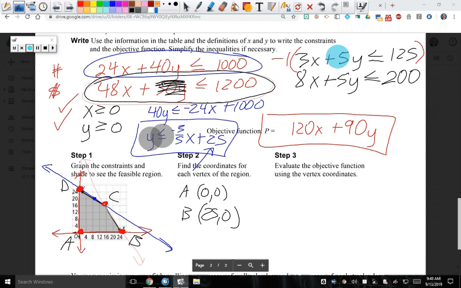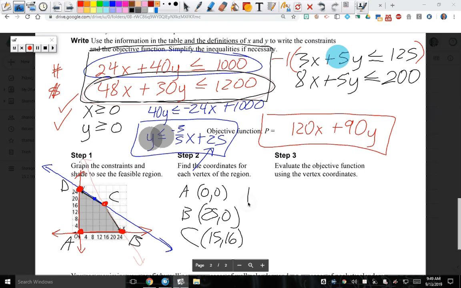So 1200 divided by 48 would give you 25, 0. Okay? And C. You're basically asking yourself, when do these two equal each other? And yes, you could put that into a calculator, menu 371, and you can solve that out. What do you get for C, guys, anyway? 15, 16.